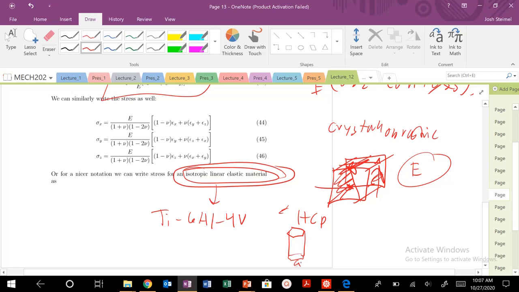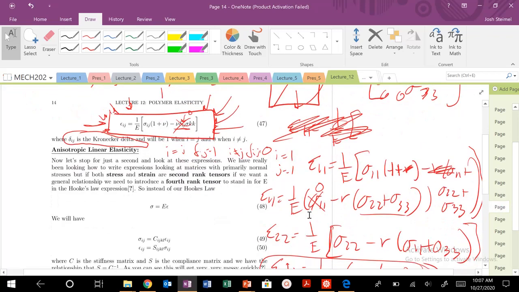You have this A axis and B axis, but you'll have a C axis here, this long C axis. And my stiffness E along that C direction is much larger than in these other directions. So my material properties change depending on this crystallographic direction. So you have to deal with these materials as anisotropic, and your material properties are going to change as a function of direction.